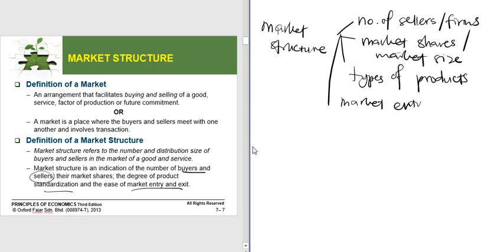Market entry and exit, meaning is it easy for other firms to enter the market? Is it easy for you to start a business in that particular market, or is it hard? For example, perfect competition market is usually where there are a large number of sellers selling basically the same type of product, like vegetables.